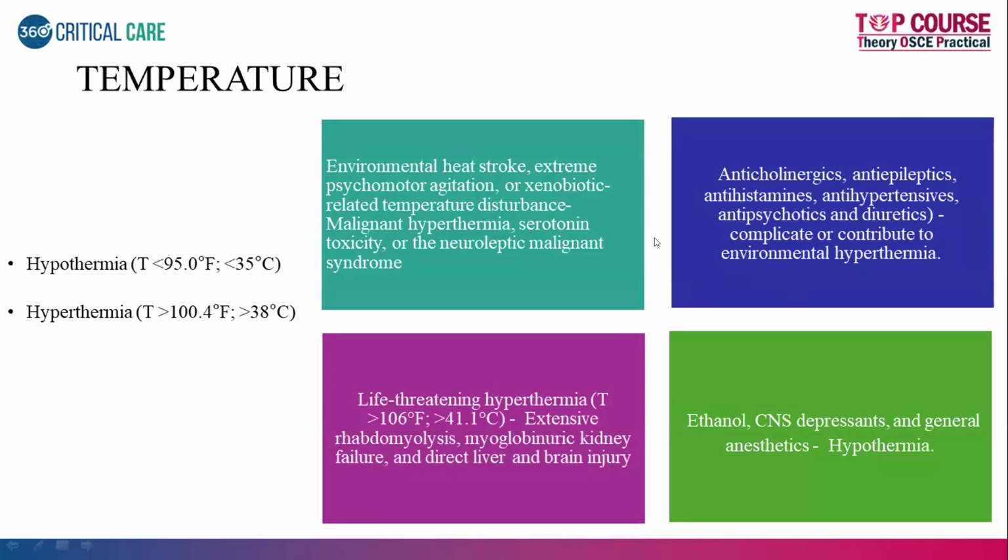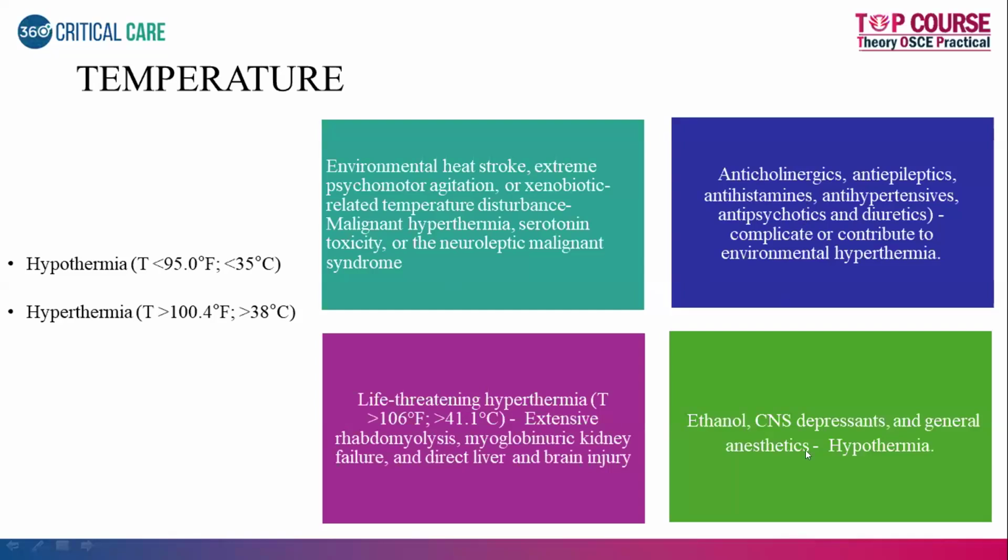Also, certain drugs which may contribute to hyperthermia are anticholinergics, antiepileptics, antihistaminics, antihypertensives, antipsychotics, and diuretics. Usually, environmental heat stroke and malignant hyperthermia result in life-threatening hyperthermia, which may lead to extensive rhabdomyolysis, AKI, and sometimes direct liver as well as brain injury.